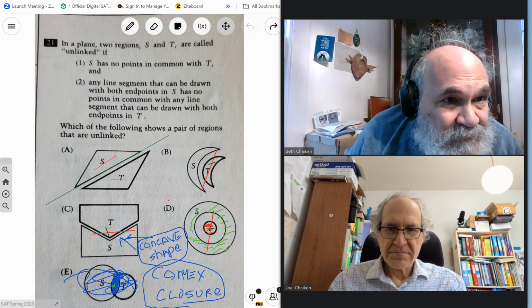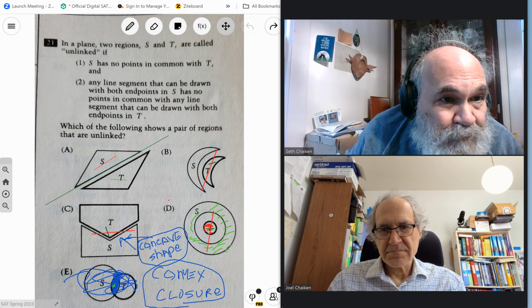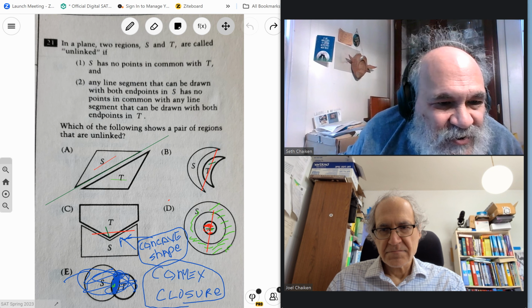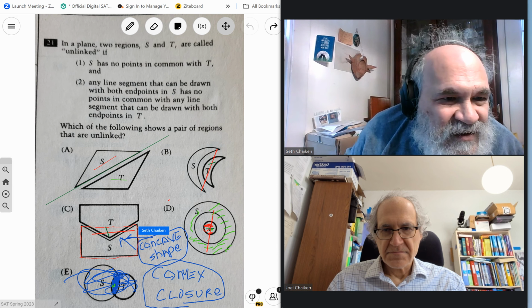we'll do it in red. Its convex closure is this region. And it's filled in.